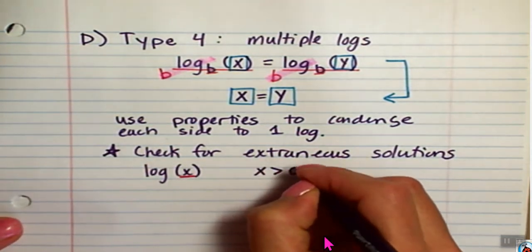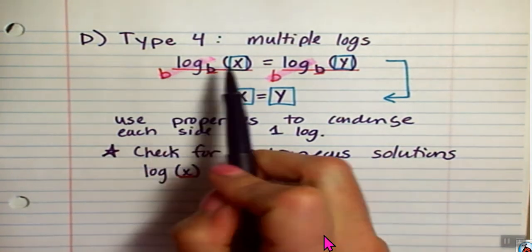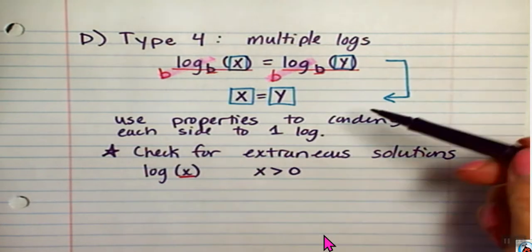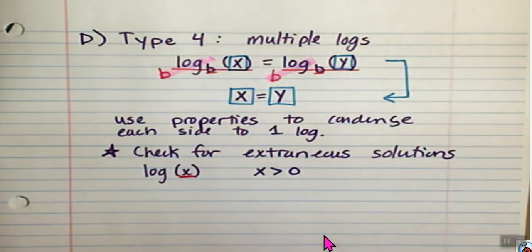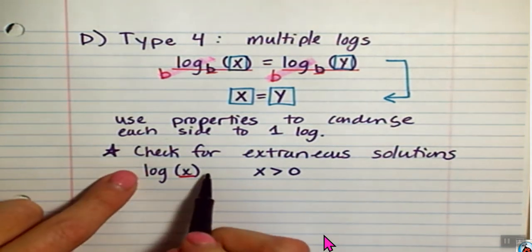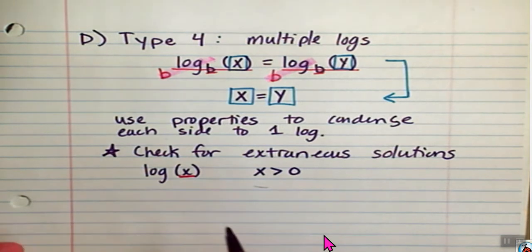X must be greater than 0. So when we are solving, because we have a log on both sides and we just delete the log, we're losing the potential restrictions that we haven't lost before. So now we actually have to be careful about checking to make sure that whatever we solve is actually going to work when we plug it back in.